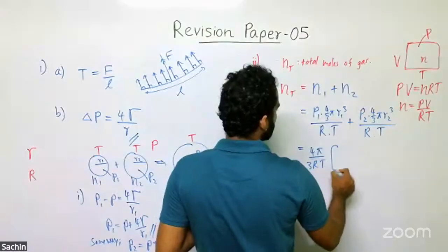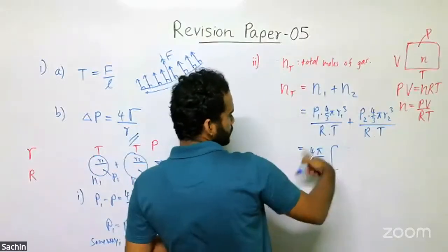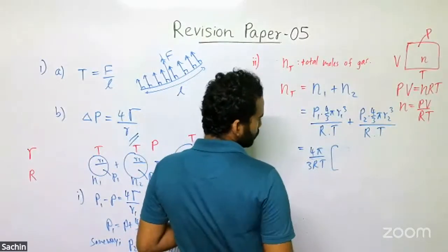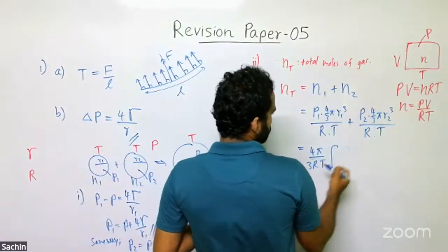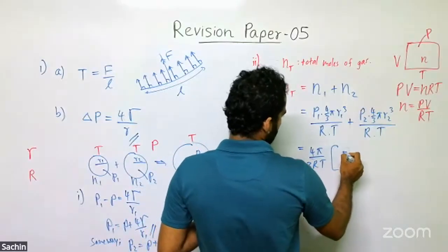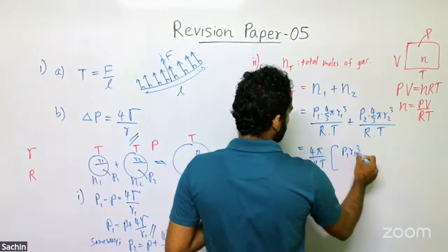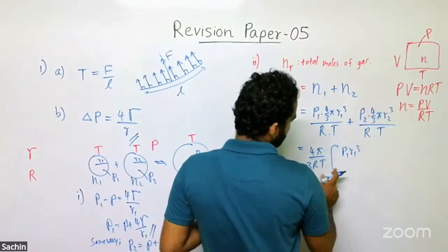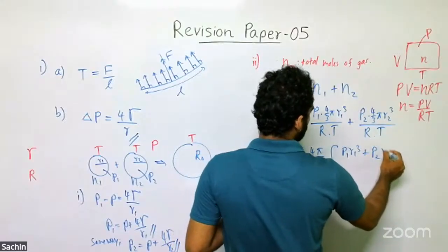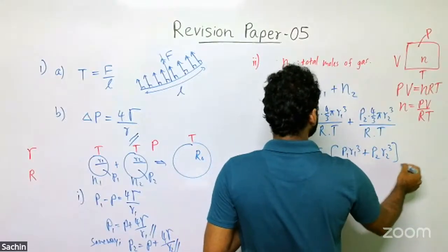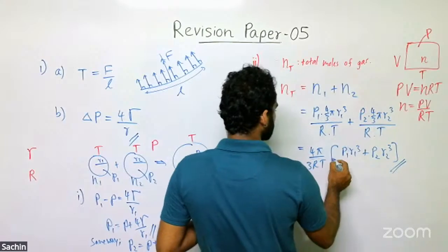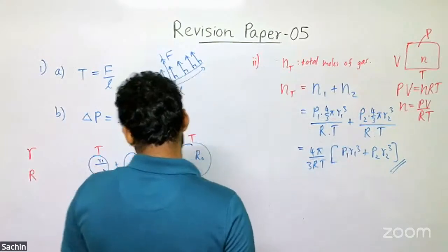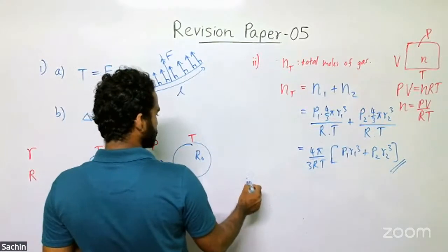I can take the whole thing out. This whole thing is available for both these equations. So 4 pi over 3RT, P1 R1 cube plus P2 R2 cube. That's the total number of moles.